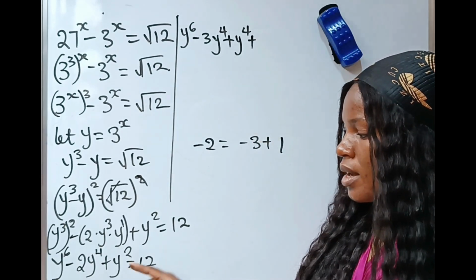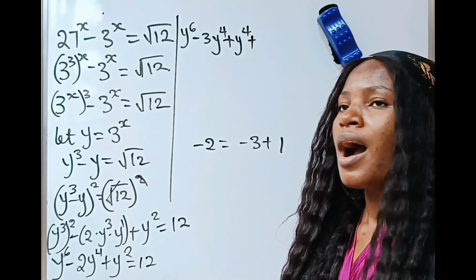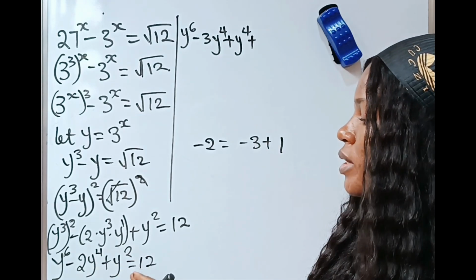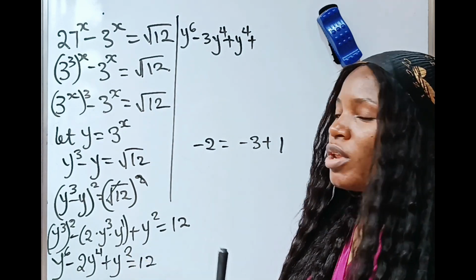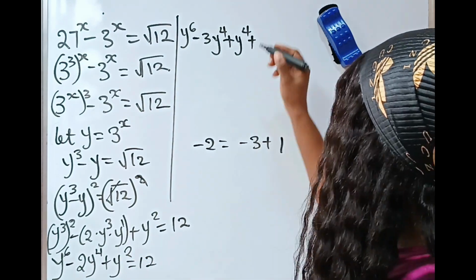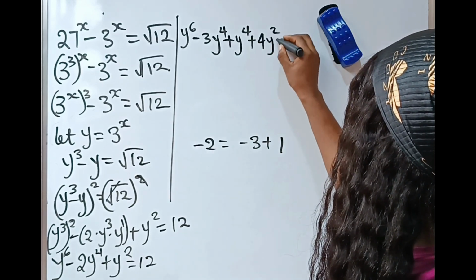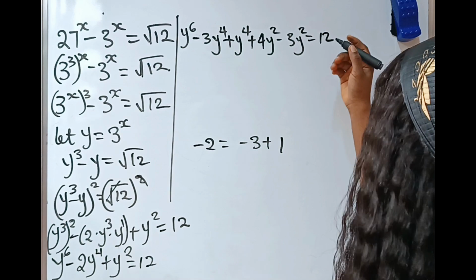Now y squared can be expressed as 4y squared minus 3y squared. I'm going to show you why I'm doing this, because to factorize this, you need a common factor, and this is the only way to get the common factor. So I'm going to replace y squared with 4y squared minus 3y squared, is equal to 12.